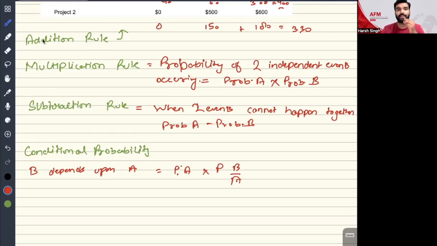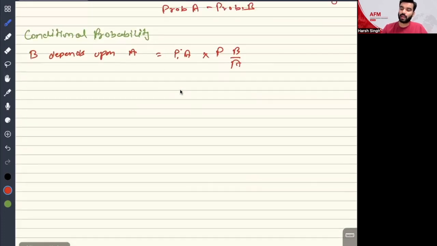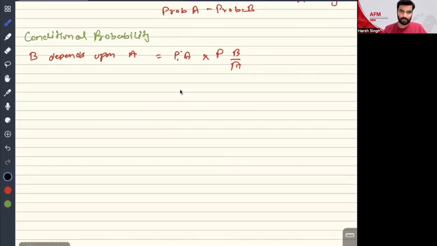Then we have a topic called sensitivity analysis. Now, sensitivity analysis actually tells me how my particular variable will get affected.